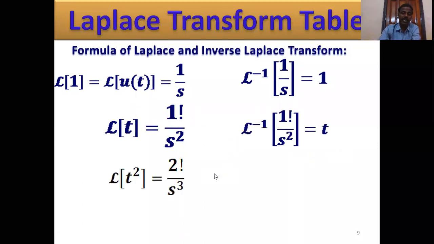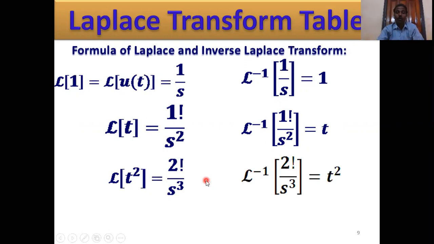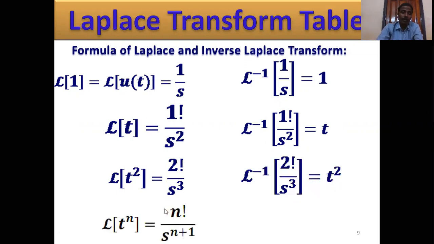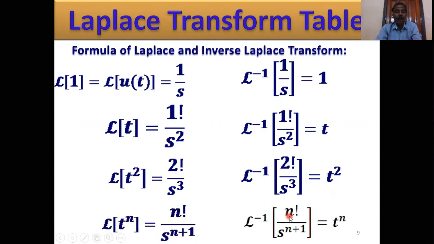And the Laplace transform of t square, the parabolic function, equals factorial 2 by s cube, and the inverse Laplace of factorial 2 by s cube equals t square. And the Laplace transform of t to the power n equals factorial n by s to the power n plus 1. Similarly, the inverse Laplace of factorial n by s to the power n plus 1 equals t to the power n.